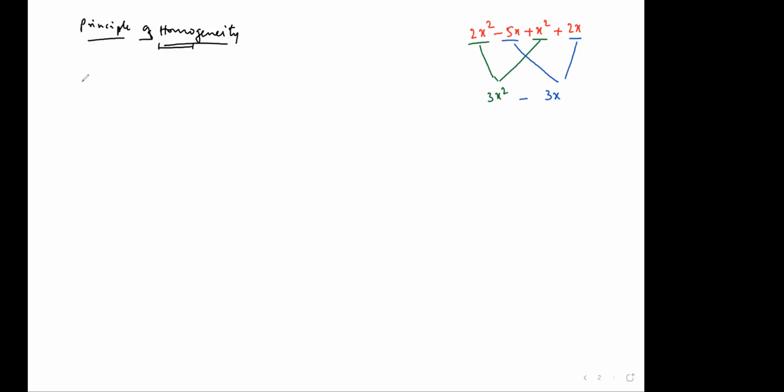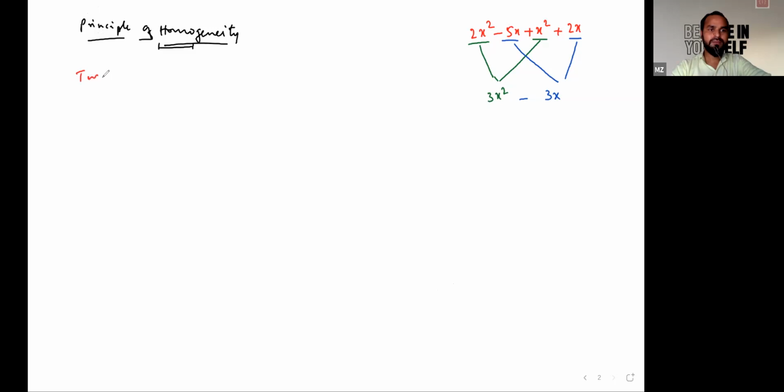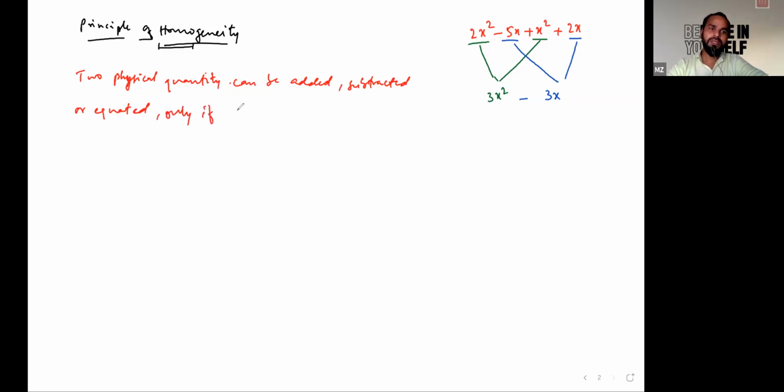We can state this principle of homogeneity as: two physical quantities can be added, subtracted, or equated only if they have the same dimensional formula.